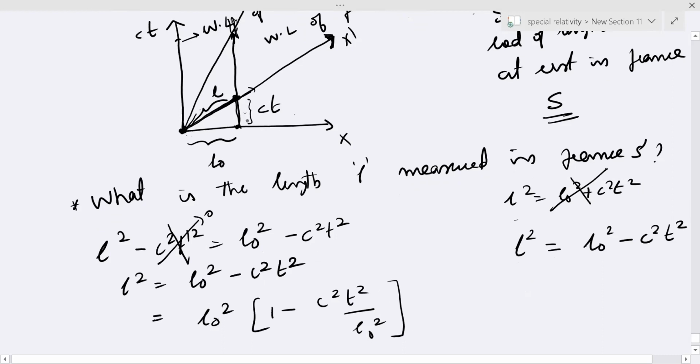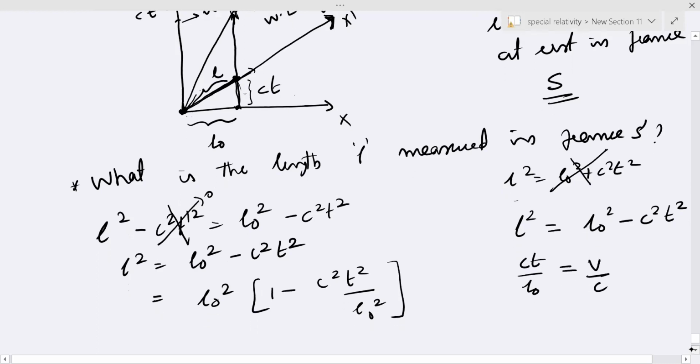We already know the slope of this: CT by L0 is equal to V divided by C. We already discussed this just before.